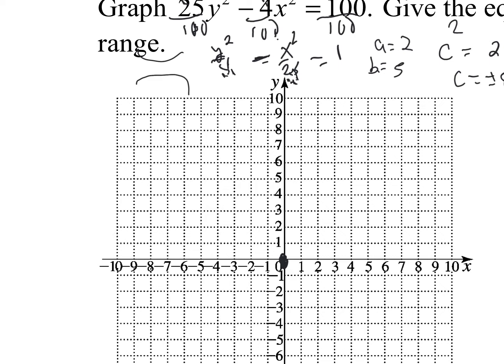Well, I already have it. So we'll see if it looks good or not. If I go 5 and negative 5, and I do the square root of 4, which is 2 and 2, that doesn't help you very much to know if it's vertical or not. That is irrelevant.